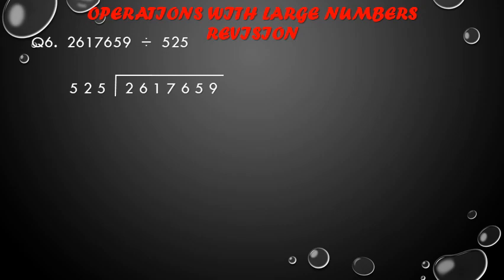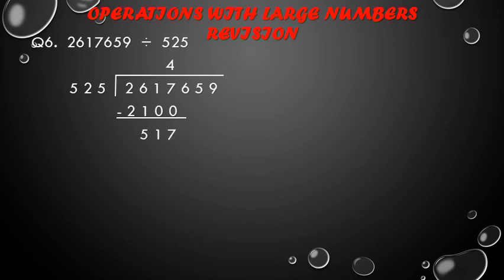So the number formed by the first 4 digits in the dividend is 2617. So we will divide 2617 by 525. And when we divide, we get 525 fours are 2100, right? And now we subtract this 2100 from 2617.